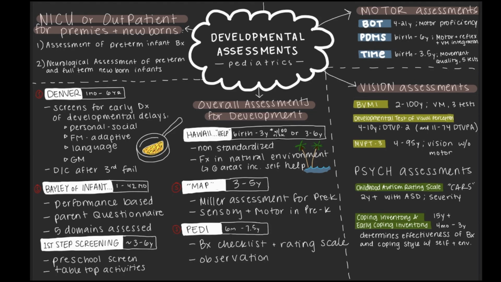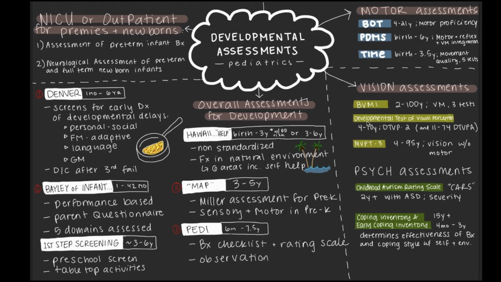For vision assessments, you have the BERI or the BMI, which is good for patients ranging from 2 to 100. It looks at visual motor skills, and there are 3 different tests or packets that you would administer. There's also the developmental test of visual perception.